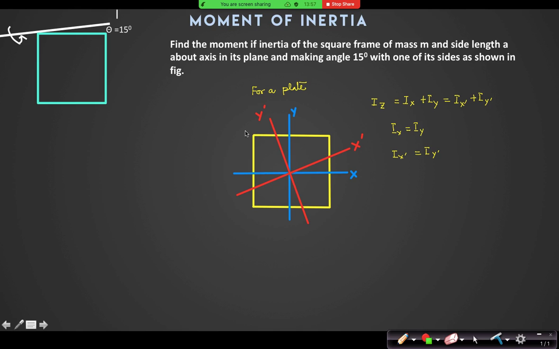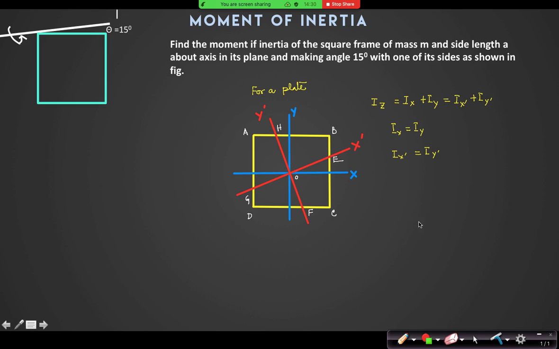Let us assume the square to be ABCD. These points are E, F, G and H, and this is O. If I rotate this line by 90 degrees anti-clockwise, the blue line is Ix, Iy.